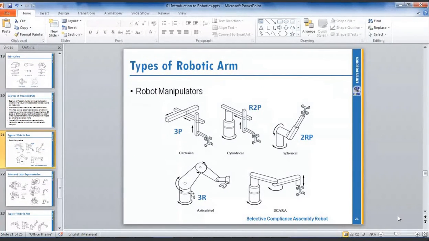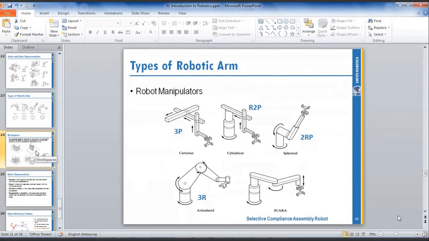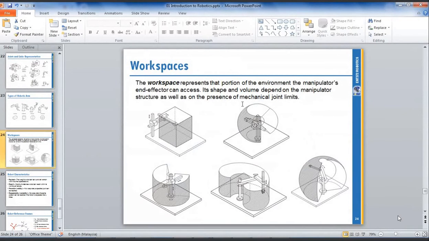So what shape can be generated by a spherical robot? This shape will be generated by a spherical robot. You have 1 rotation, 2 rotation, and 1 linear motion, prismatic.